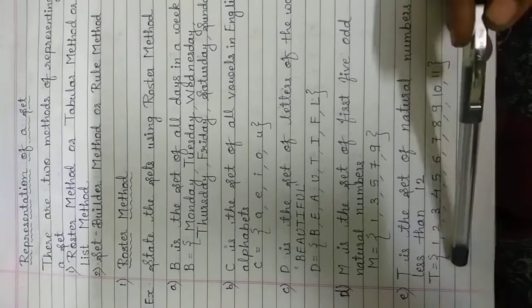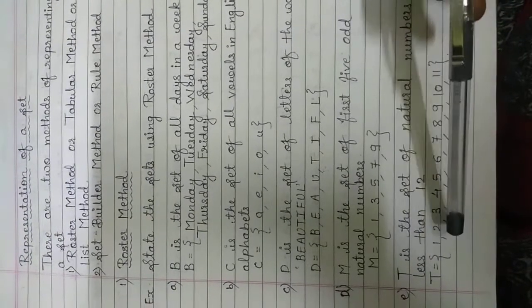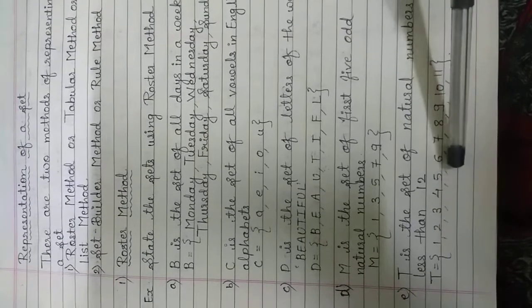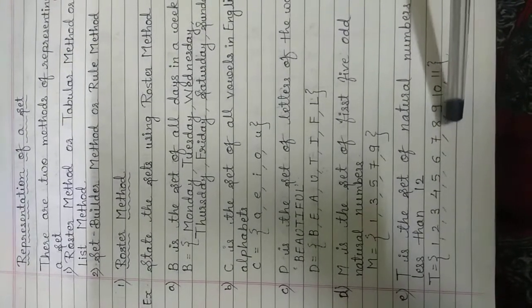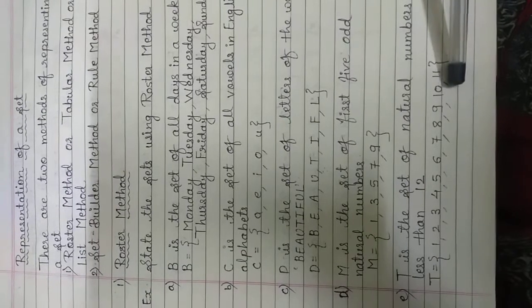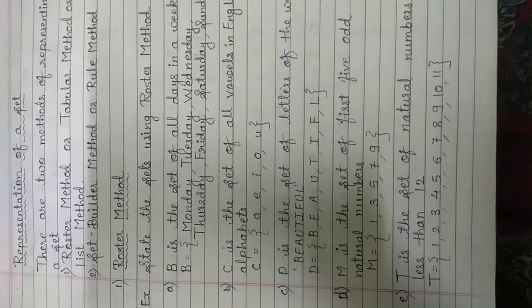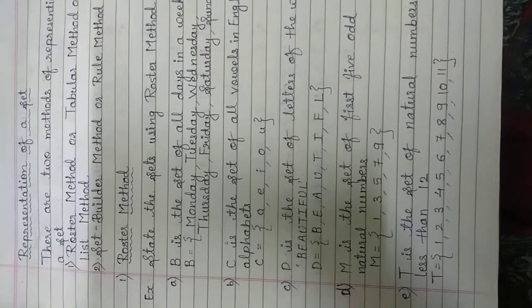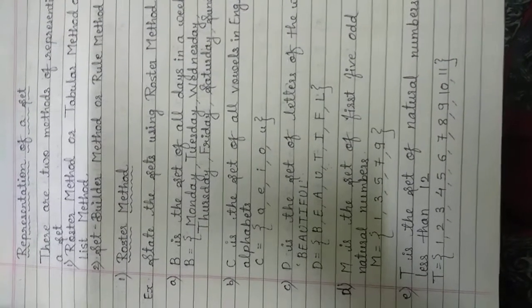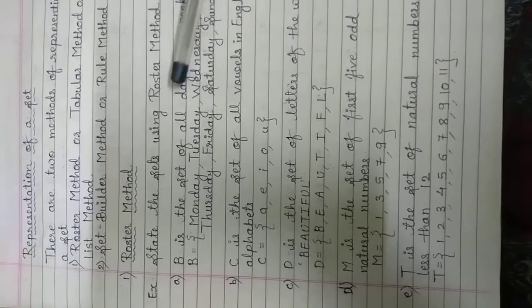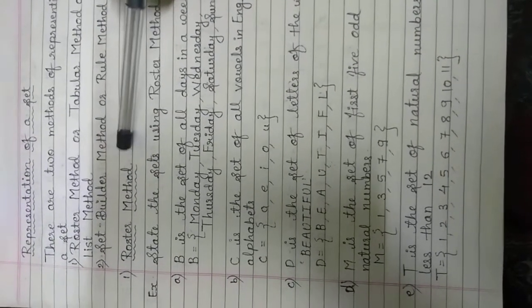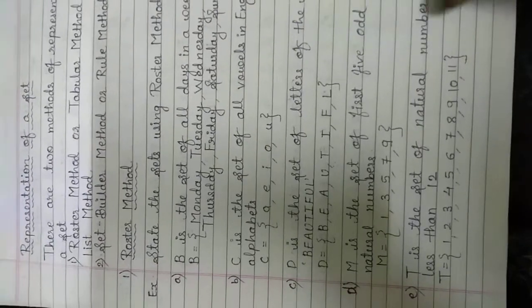So T will be the set containing elements 1, 2, 3, 4, 5, 6, 7, 8, 9, 10, 11. Here we will not consider the number 12 because we want the numbers less than 12. So these are all the examples of roster method.